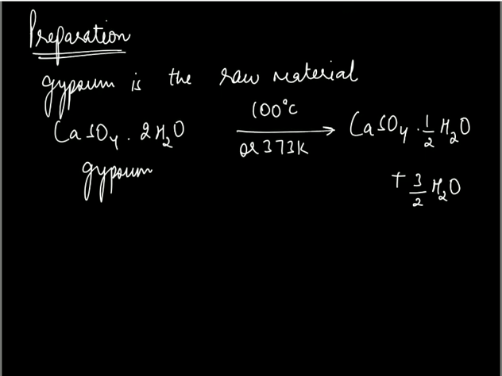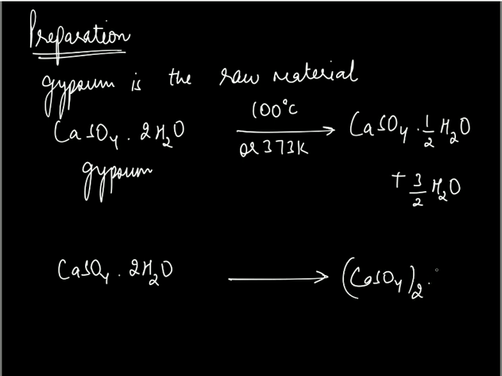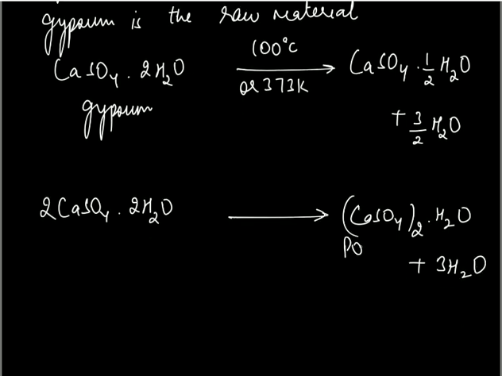If you want to write it this way, where you're getting the actual formula, here, this is plaster of Paris, POP. So, both are correct. Temperature is 100 degrees Celsius. Now, this should be controlled carefully.